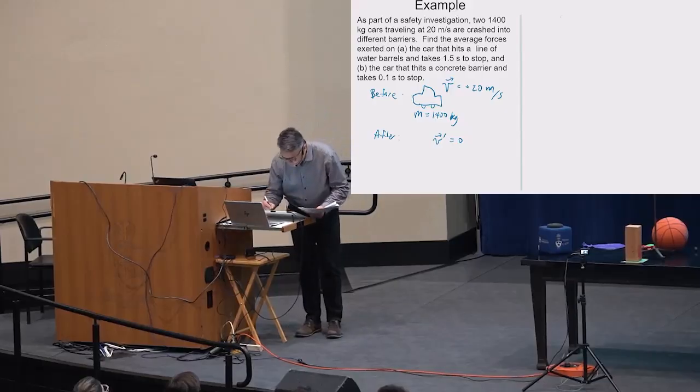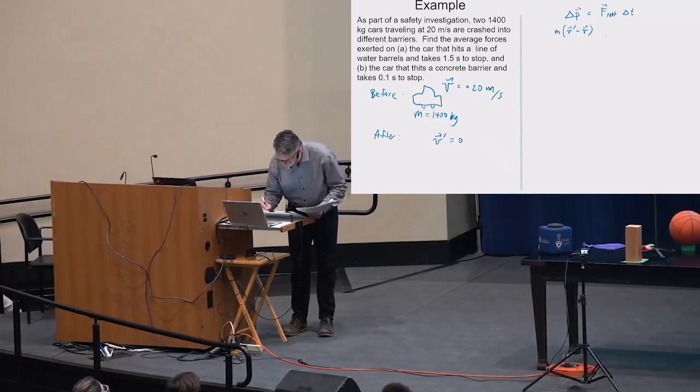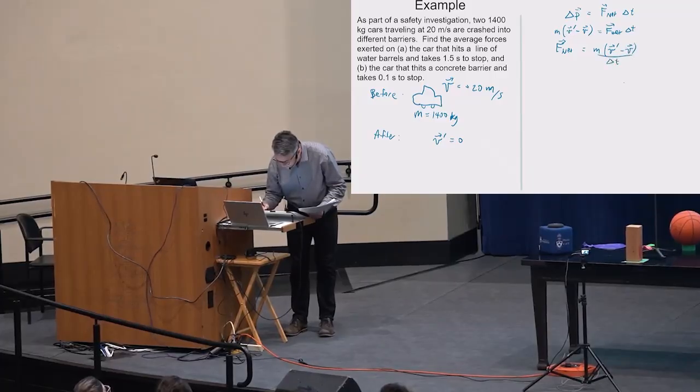And so you can find delta P is equal to F net, which is a vector, times delta T. And delta P is going to be mass times V prime minus V, which is equal to F net times delta T. You're trying to find F net, so it's going to be M times V final minus V initial, the change in V, divided by delta T.